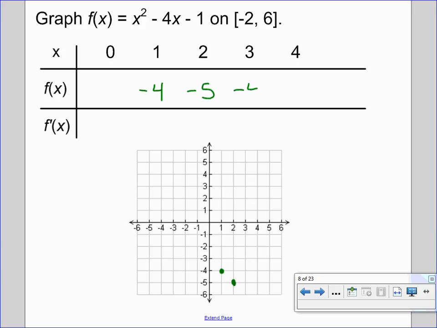F of 3 was negative 4, we did that in our third derivative evaluation when we found f of 3. So we'll plot that. If we continue choosing some more x values, we would get 0, negative 1, I've got that one. And 4, negative 1, we can plot that. Now let's carefully connect that in a nice smooth parent function parabola. We already saw that from our graphing calculator, but I want to do it algebraically here.